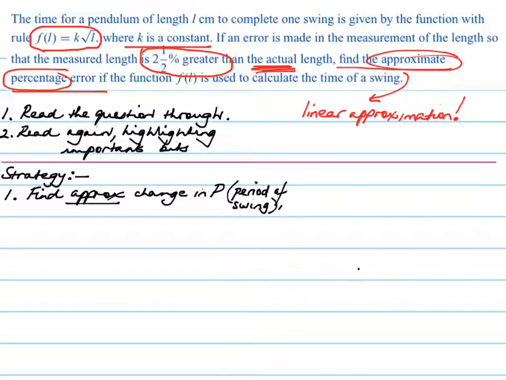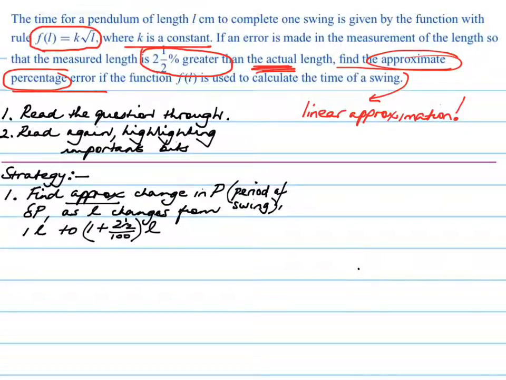I'm not using f of L; I'm going to use P because it makes my thinking a little bit easier. Delta P, that's what I'm going to find, the approximate change in P, as L changes from L, or itself, to 1 plus 2.5 hundredths of L.